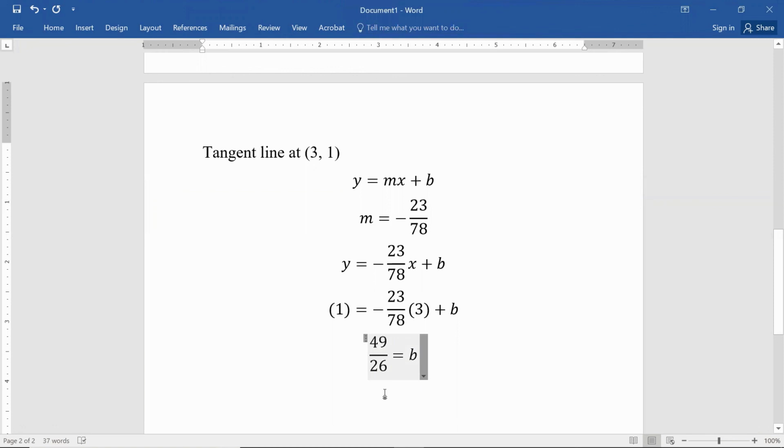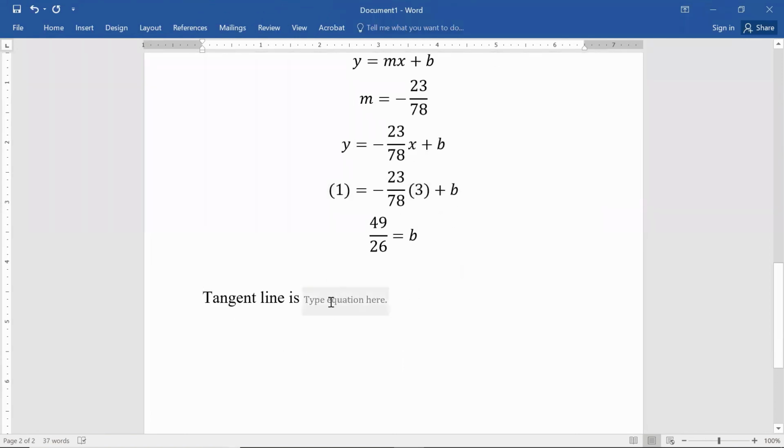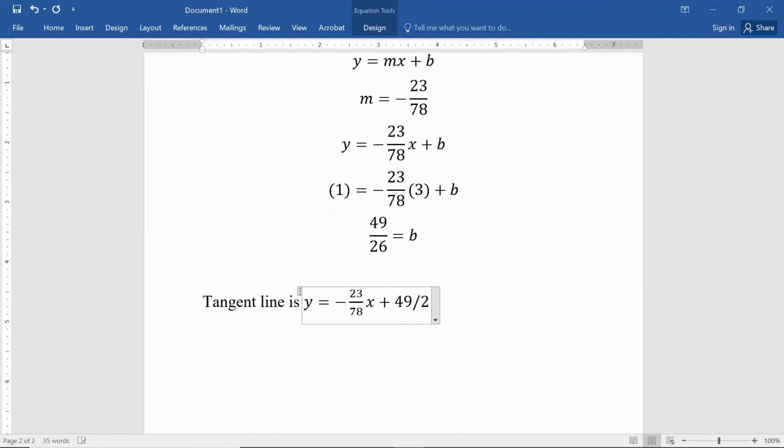But I ended up with 49 over 26. So that means the tangent line is the one that has slope negative 23 over 78. And we're adding 49 over 26 to that. So that's the tangent line.